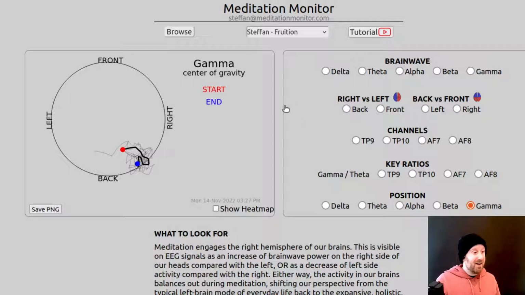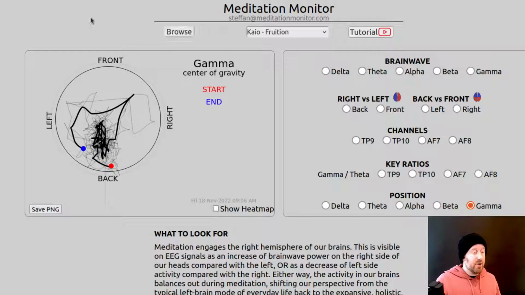So to compare this with someone else, finally, let's look at Kaio. He donated one of his sessions. Thank you, Kaio. And that allows us to compare these interesting states. So Kaio does a different meditation style than me, but there are some similarities, at least we've always suspected.